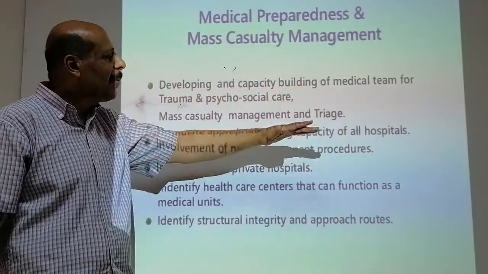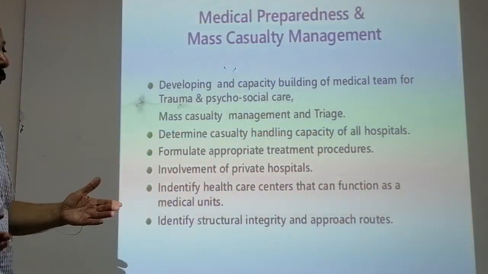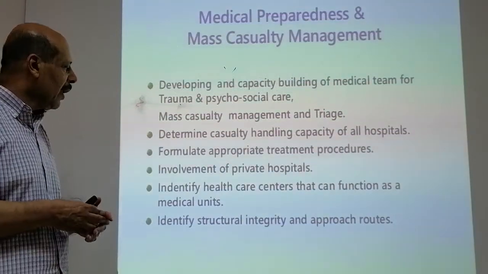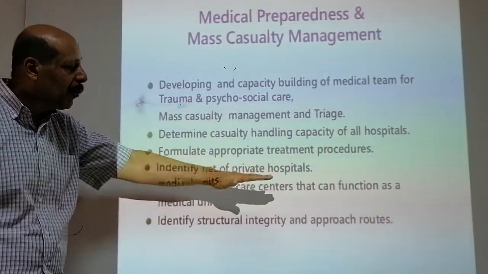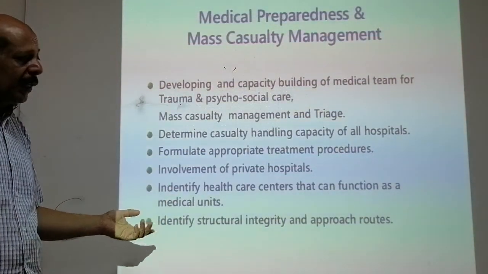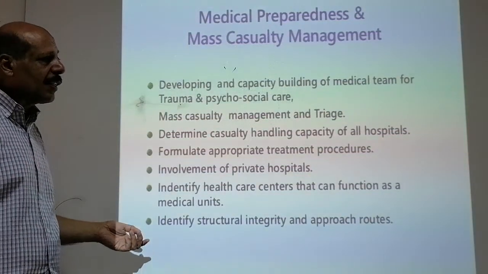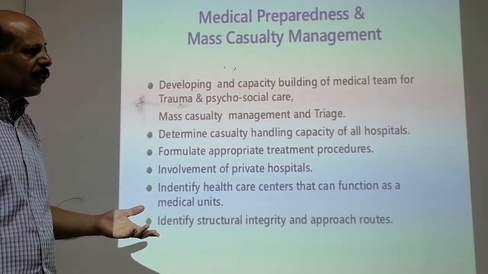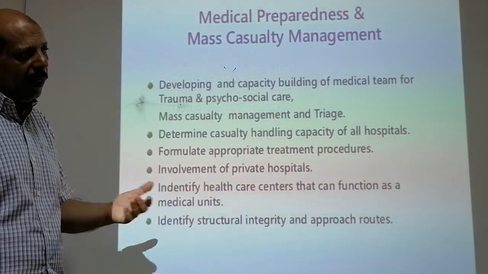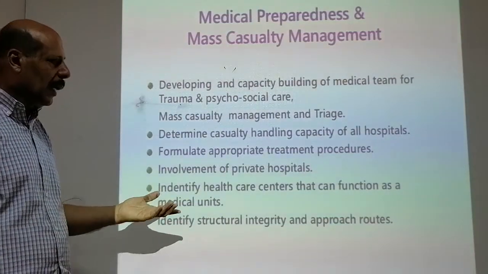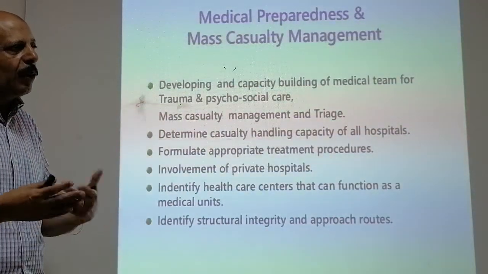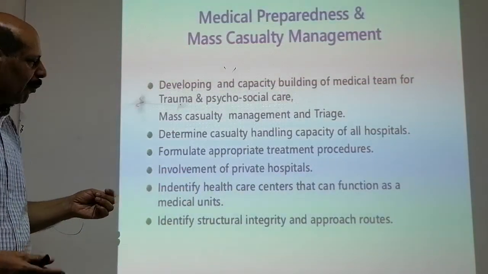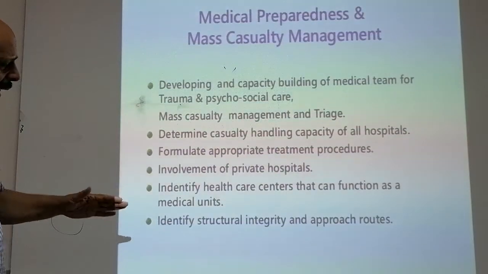Determine casualty handling capacity for all hospitals. So they have to be able to know the capacity of each hospital and how they can manage. Formulate also appropriate treatment procedures. Involvement of private hospitals in this case: in case of disaster, all the hospitals will be under the committee, and they can transfer a client not only to a governmental hospital but also to a private hospital, and they will work hand in hand with the governmental hospitals in the same way that the governmental hospitals are providing the care, according to the same system as an emergency case.